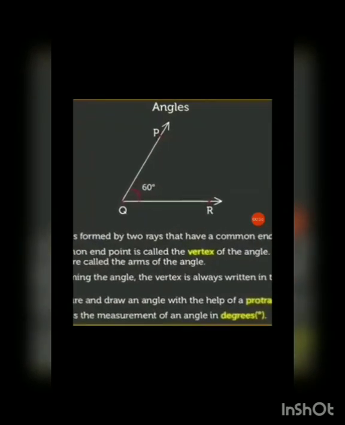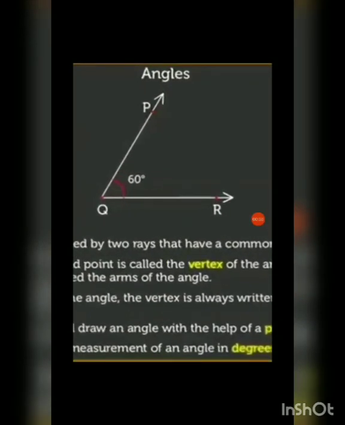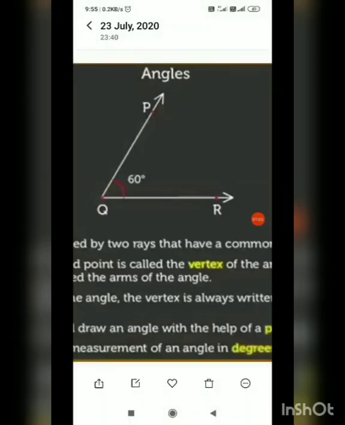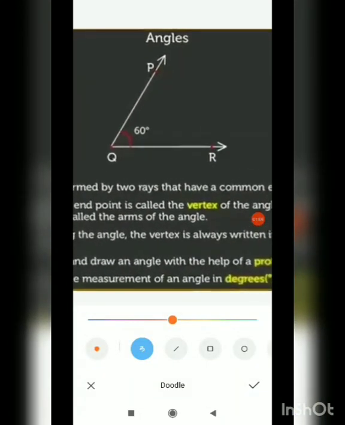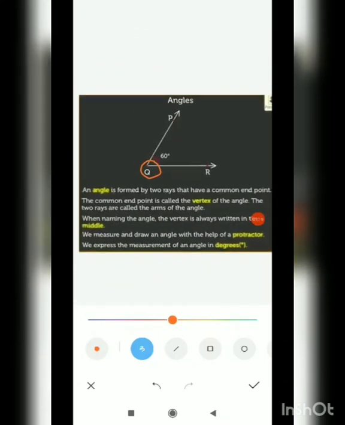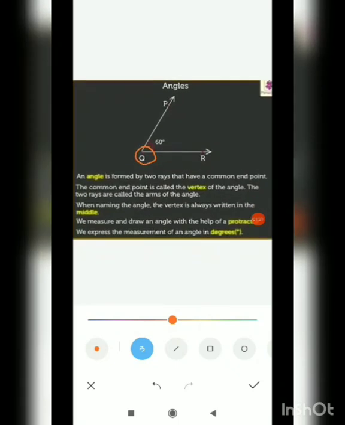One is PQ, the second one is RQ, and both the rays are meeting at a point that is known as Q. Means you can see PQ, RQ, both have a common point that is Q. Clear? So this point Q is forming an angle. On this point Q an angle is formed.